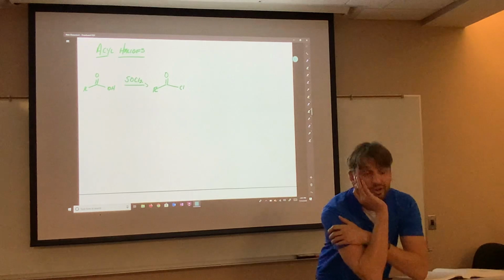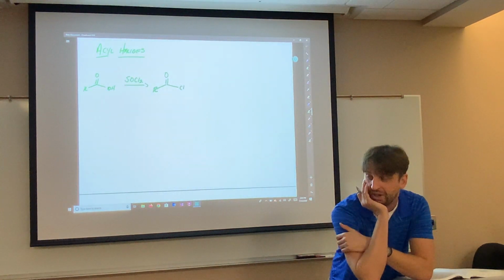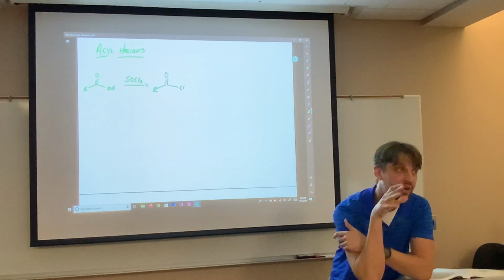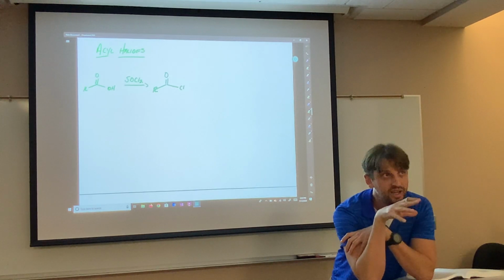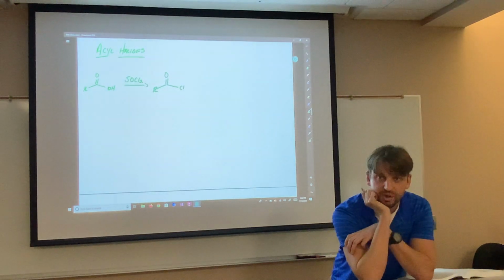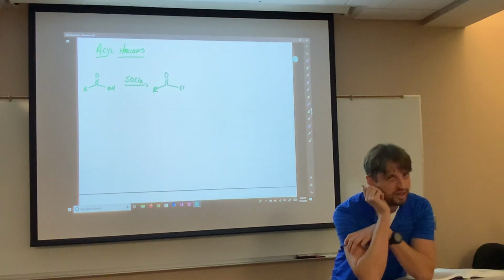Thionyl chloride is again one of these super common reagents that we have in pretty much any organic synthetic lab. We have seen it used before where we take an alcohol and convert it into a chloride. And the mechanism for that, depending on how in-depth your first semester organic professor got with you, is actually not an SN1 and not an SN2, it's somewhere in between.